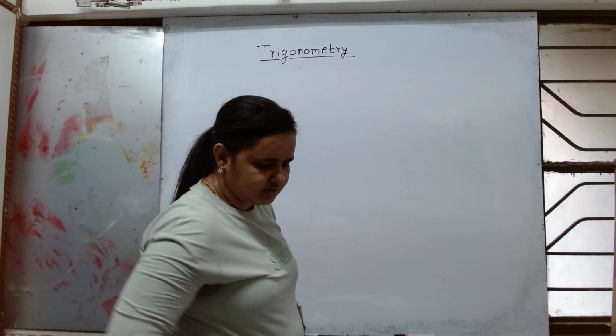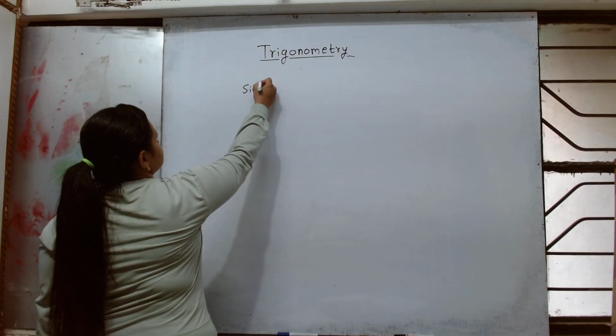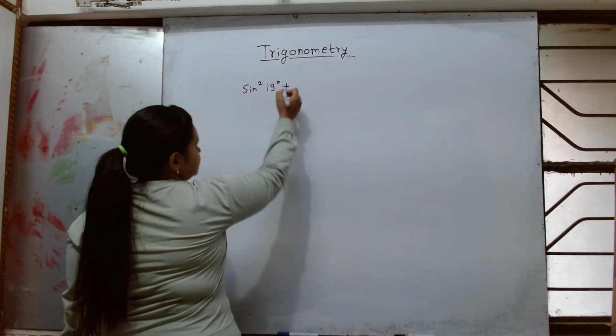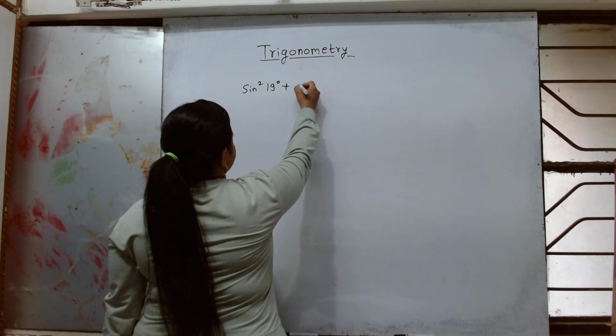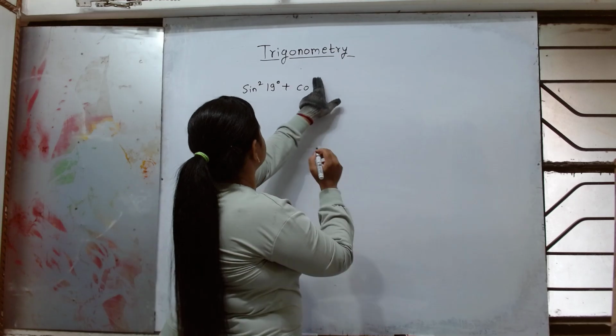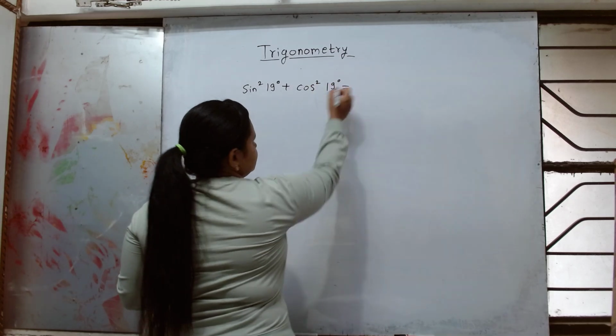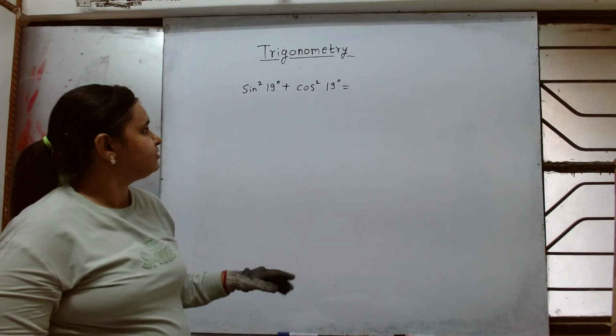Now fifth one, it is sin square 19 plus cos square 19 degree. What is it equal to?